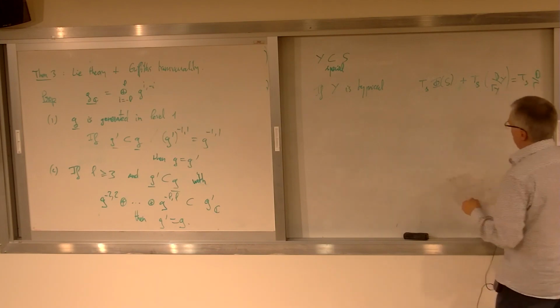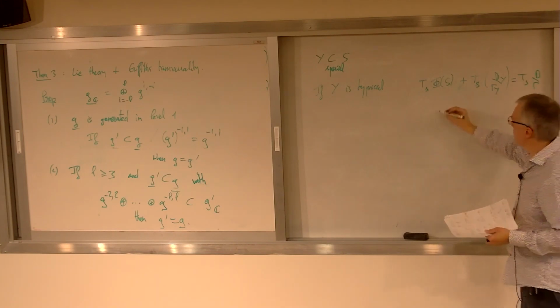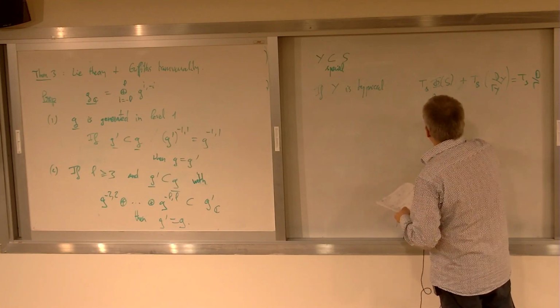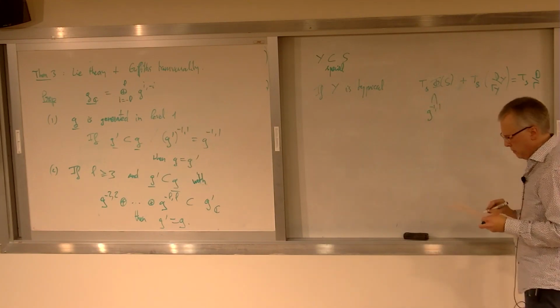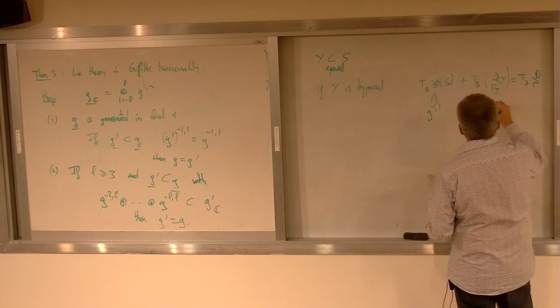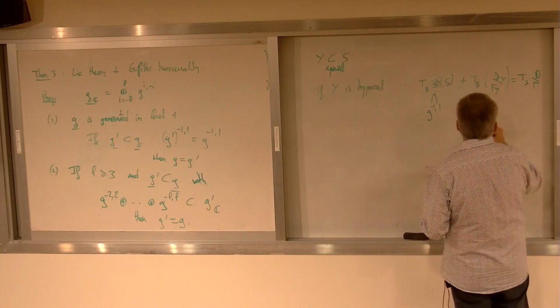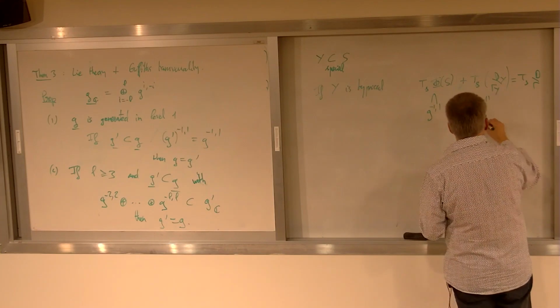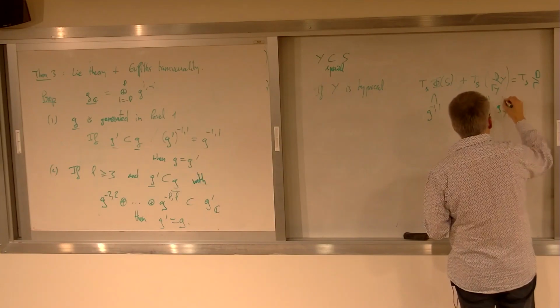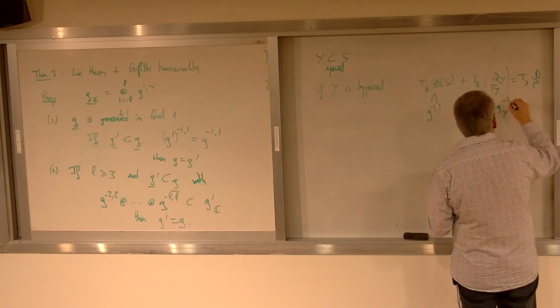But now recall Griffiths transversality. This piece has to be contained in G−1,1. Okay? And this, we know, is a direct sum for all i larger than 1 of the Lie algebra G_Y−i,i.